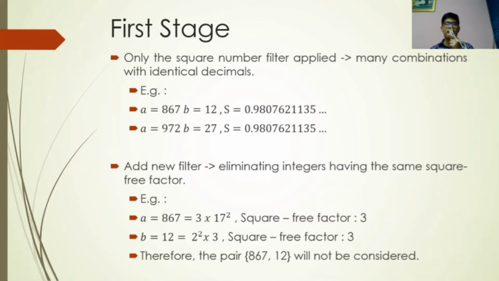Take A equals 867; the prime factorization of A is 3 times 17 squared, and the square free factor of A is 3. Take B equals 12; the prime factorization of B is 3 times 2 squared, and the square free factor of 12 is 3. Therefore, the pair 867 and 12 will not be considered.